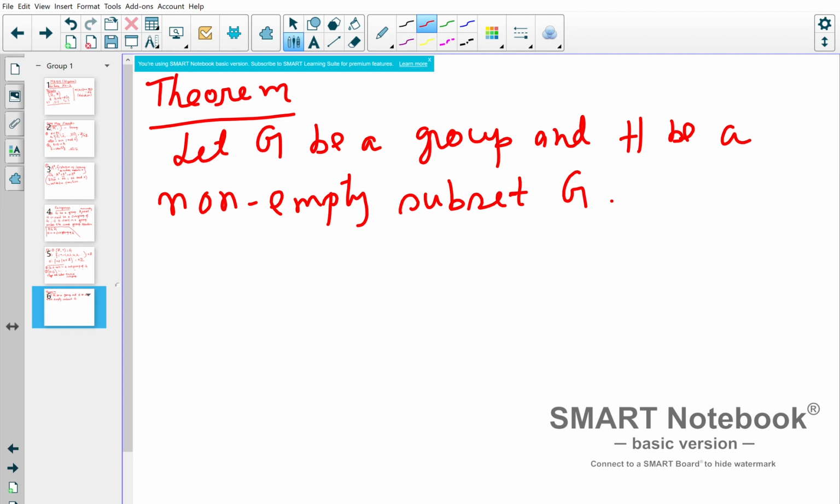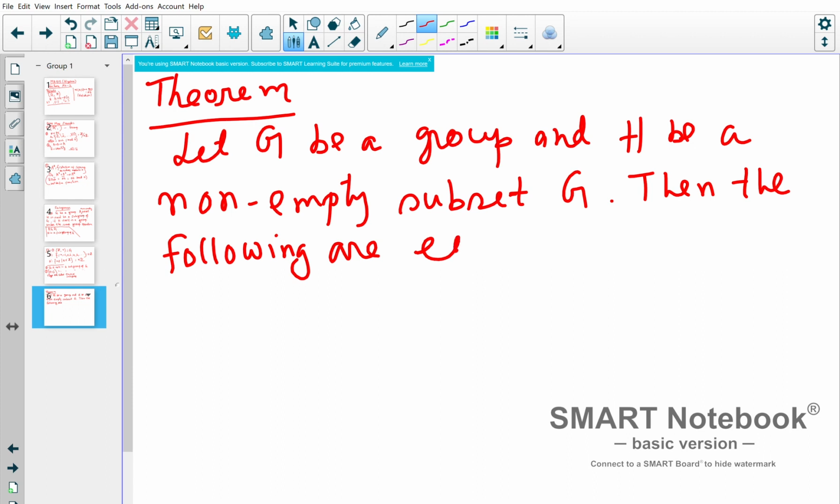You have a group and H is a non-empty subset of G, and then the following are equivalent.